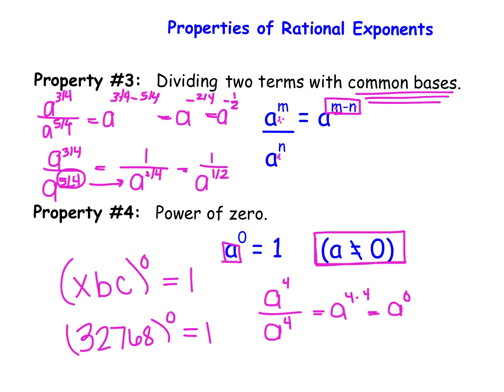Now, in this particular case, we know that we have something divided by itself. We know that any number, it doesn't matter what. So say we had 4 over 4, that equals 1. 6 over 6, that equals 1. 7 over 7, that equals 1. If we have a number divided by itself, it always equals 1, which is why a to the power of 0 always results in 1.